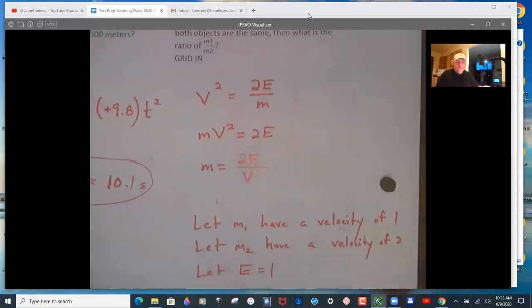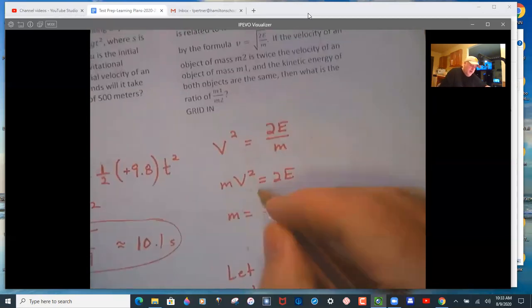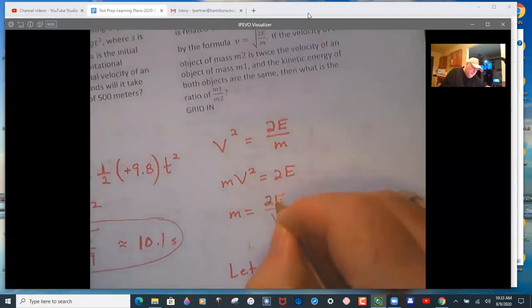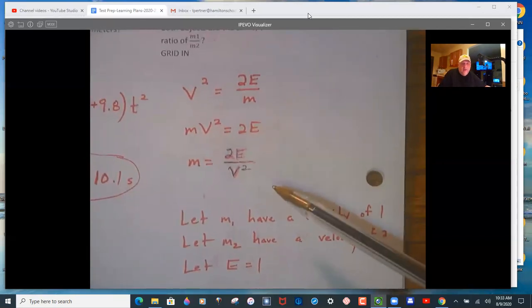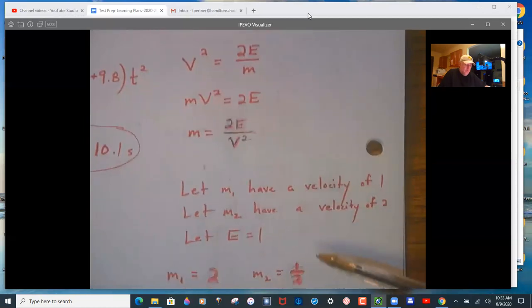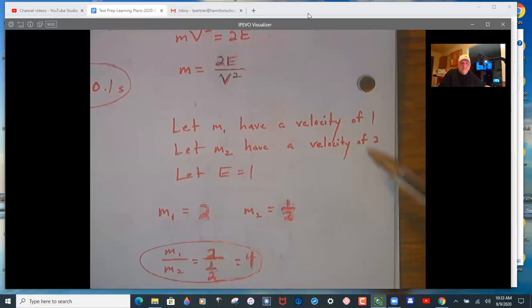17 is a little bit awkward of a problem, but you start out this way. And solving for m. And so let m1 have a velocity of 1, m2 have a velocity of 2, let e be 1.